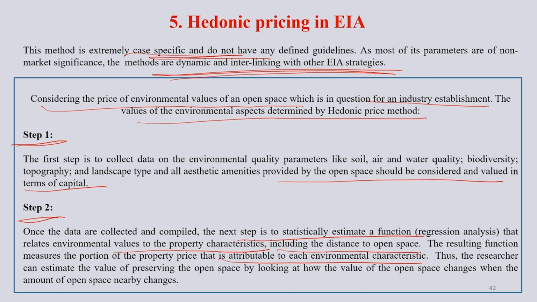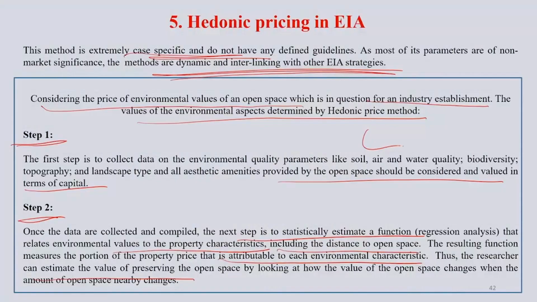Very clear. And thus, you, me as a researcher, we can estimate the value of preserving that open space by looking at how the value of that open space changes when the amount of open space nearby also changes.